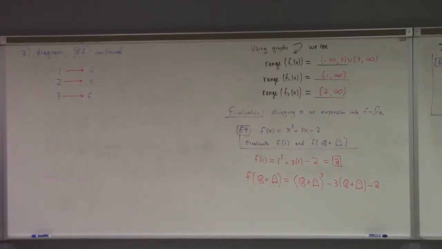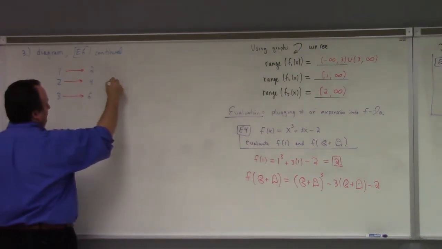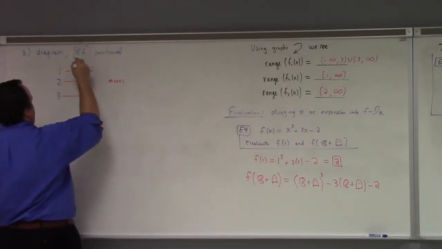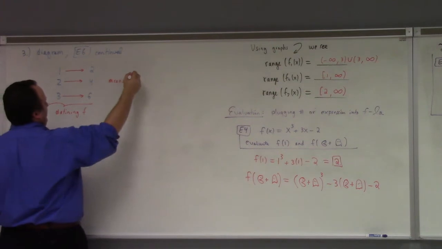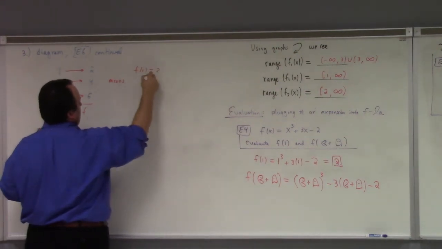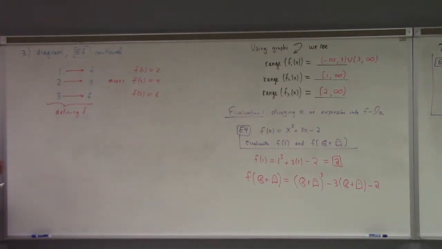So if this defines f, that means f of 1 is equal to 2, f of 2 is equal to 4, f of 3 is equal to 6. And if you have a diagram, the domain is the numbers on the left, the range is the numbers on the right. That's it.